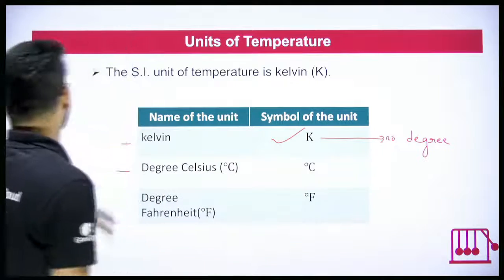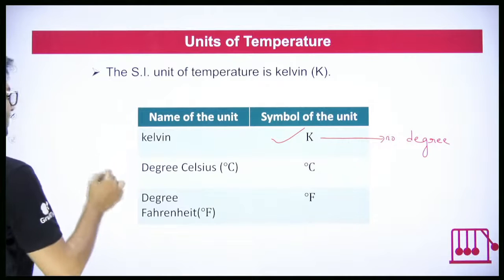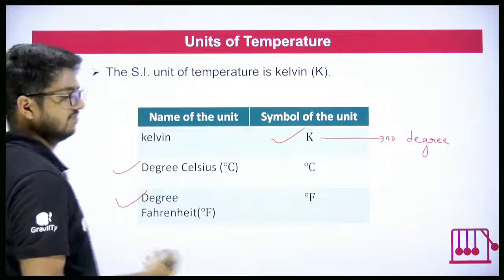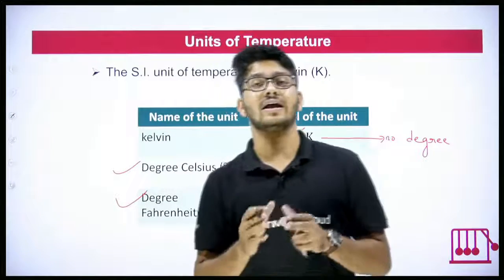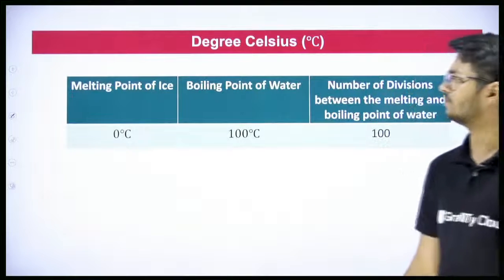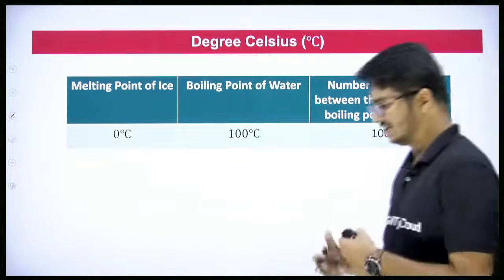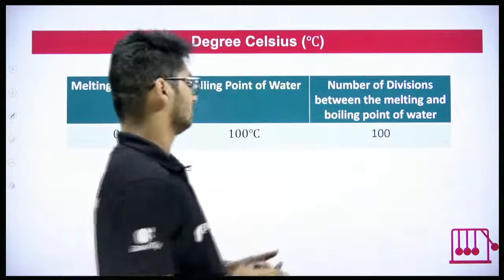These three are the most used units: Kelvin, the SI unit, and degree Celsius and degree Fahrenheit, the other units which we use regularly in our everyday life. Okay, good. So I'll start with degree Celsius. For every unit, you have to understand this.